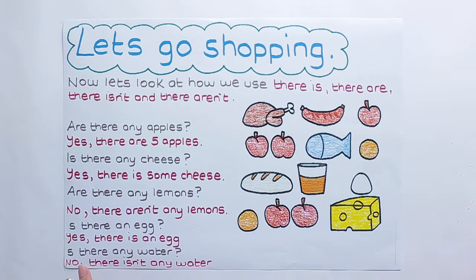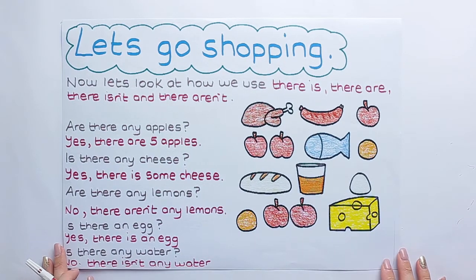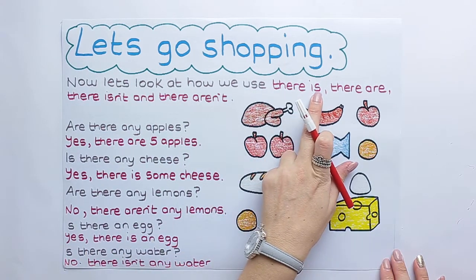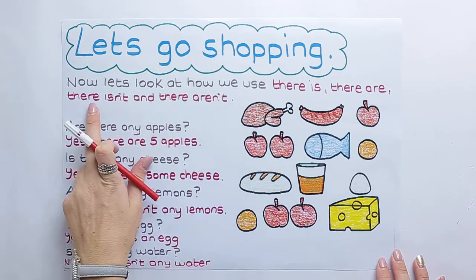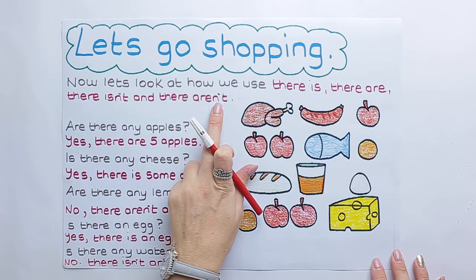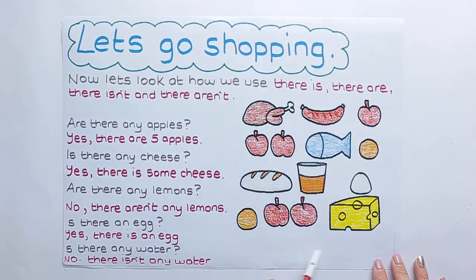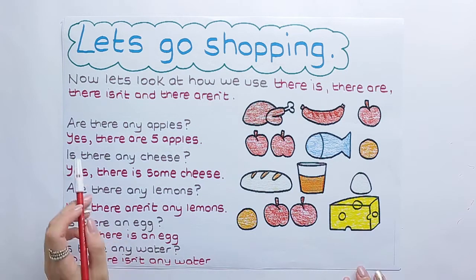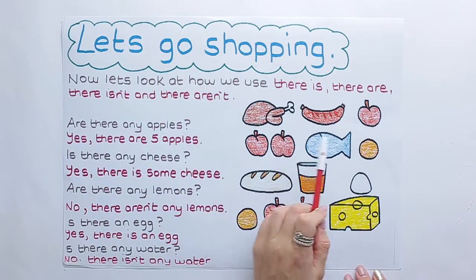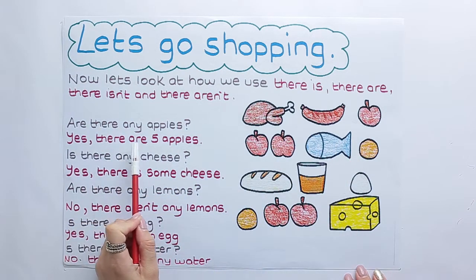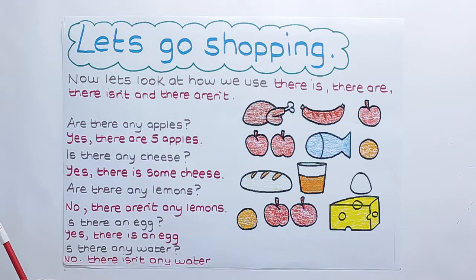Now let's go shopping and look at how we use there is, there are, there isn't, and there aren't. Look at the different types of food. Are there any apples? Yes, there are 5 apples.